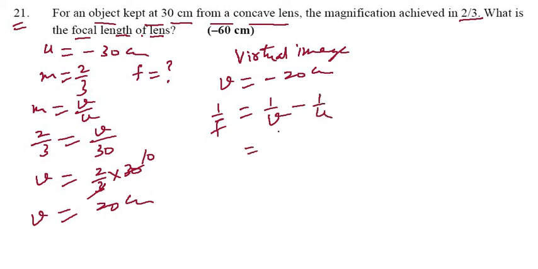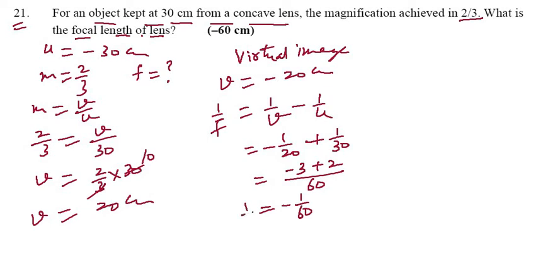Now V is given as minus 20, so 1 upon minus 20, minus minus plus, 1 upon 30. Now taking the LCM, that is 60, minus 3 minus 2, it becomes minus 1 upon 60. So 1 upon f is minus 1 upon 60, so f is equal to minus 60 centimeters. So that will be your answer.